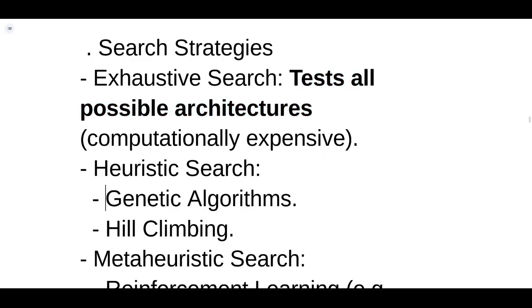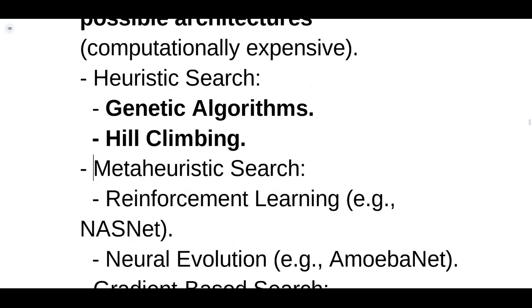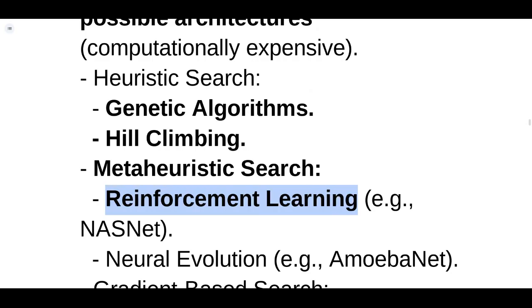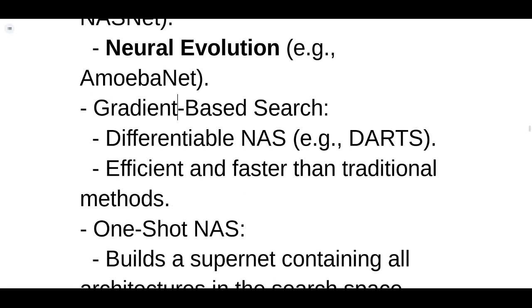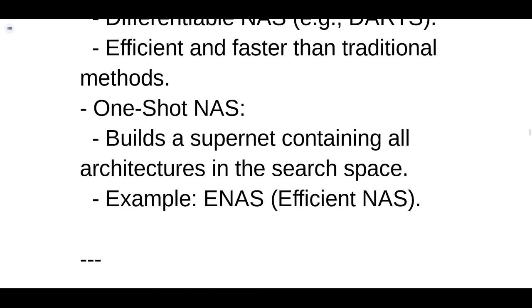Heuristic search like genetic algorithms, hill climbing, then meta heuristic search, reinforcement learning, neuroevolution. Gradient based search, differentiable NAS, efficient and faster than traditional methods, and one shot NAS, which builds a supernet containing all architectures in the search space.